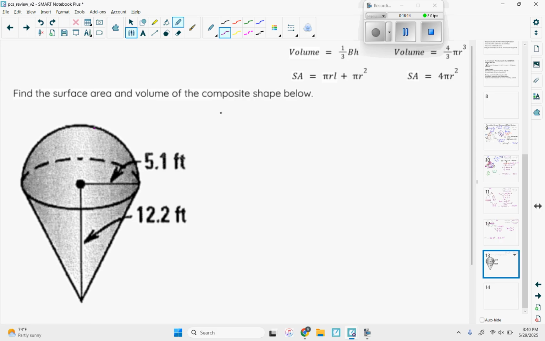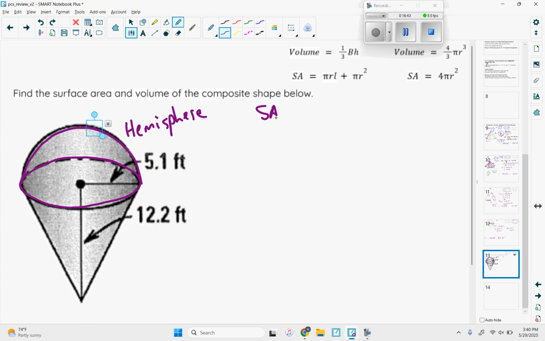What we want to do is just think about what are the surface areas that we need to get the total surface area. So when I look at this, I notice right here, this part, this is a hemisphere. If I'm thinking about how do I find just the surface area of that hemisphere?